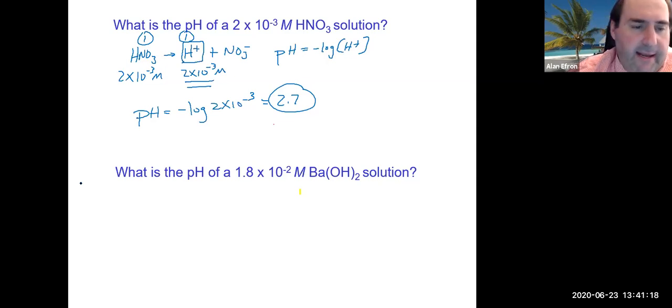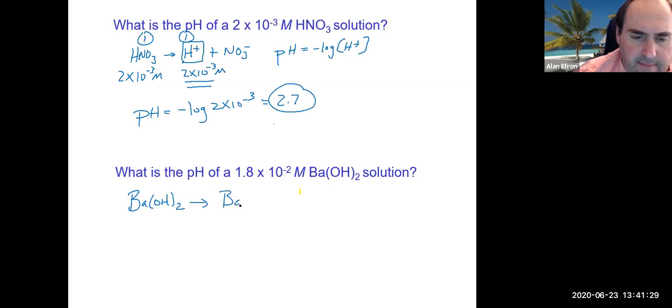We do have a base, and this is barium hydroxide. So when barium hydroxide breaks apart, it's going to break apart into a barium ion and actually 2 hydroxide ions. Again, that T will come to the front.